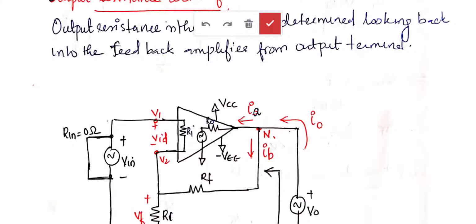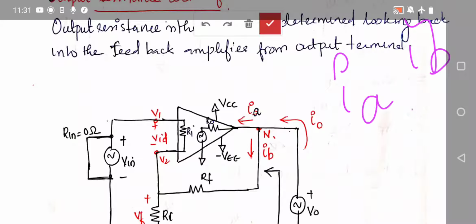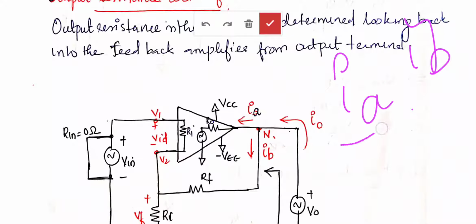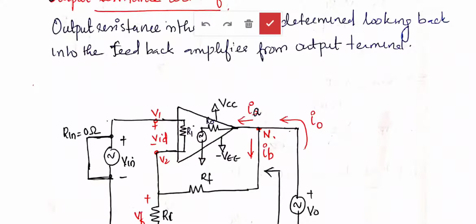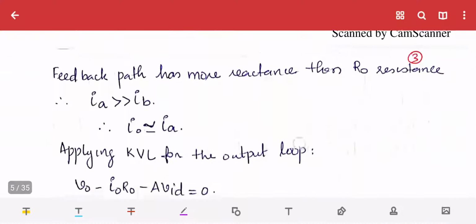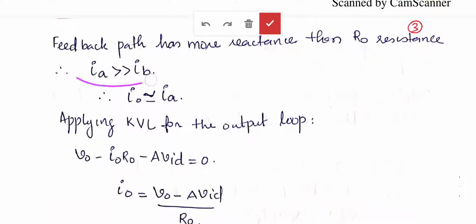The current path of IA has less resistance than this one, so this current IB will be very small because here the resistance is very high. Since IA is very much greater than IB, IO will be almost equal to IA.